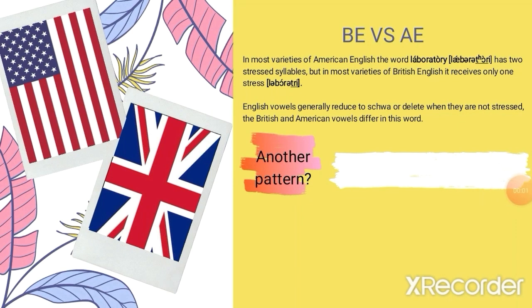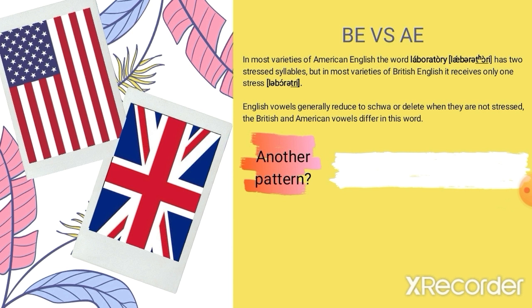Alright, here I provide another example of word stress, differentiating between British English and American English in the word laboratory. In most varieties of American English, the word laboratory has two stressed syllables, but in most varieties of British English, it receives only one stress.